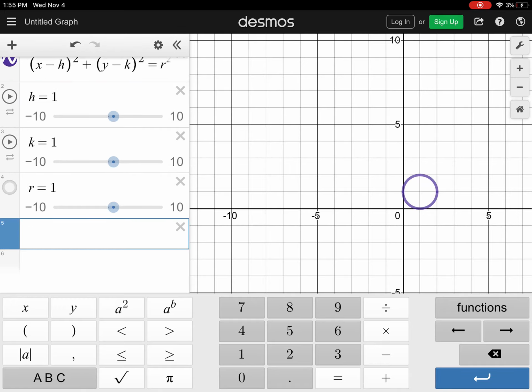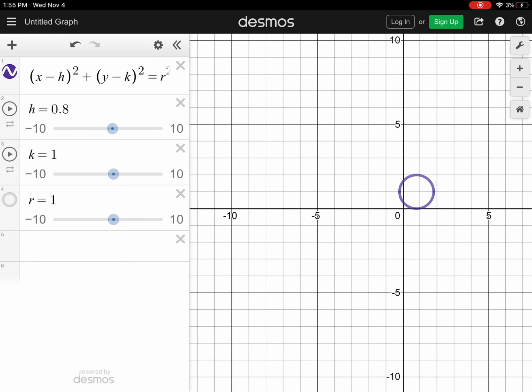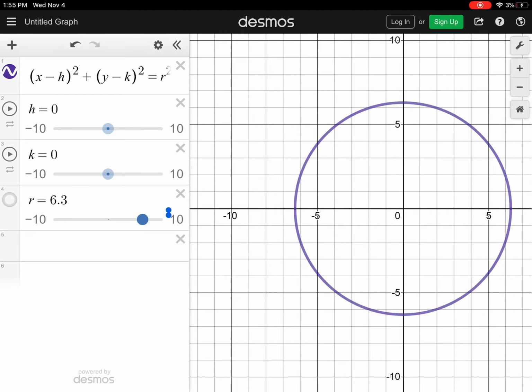But what's nice about them is that they show you exactly how they affect the circle that we graphed. So you can see if I put them all at 0, or as close as I can to it, then all I have is a point right at the origin. But if I go ahead and move this in and out, you can see how it affects the circle.